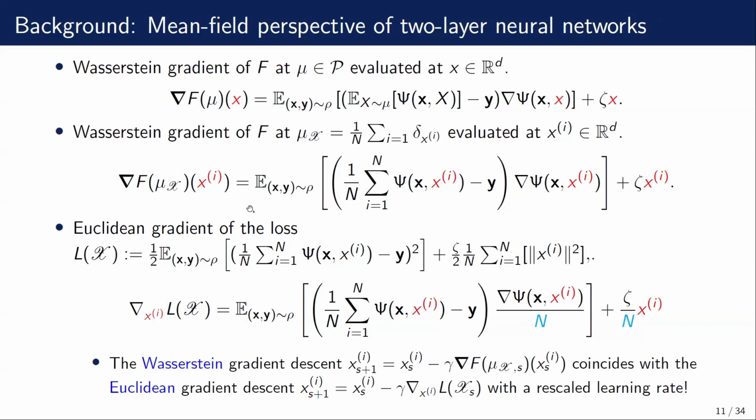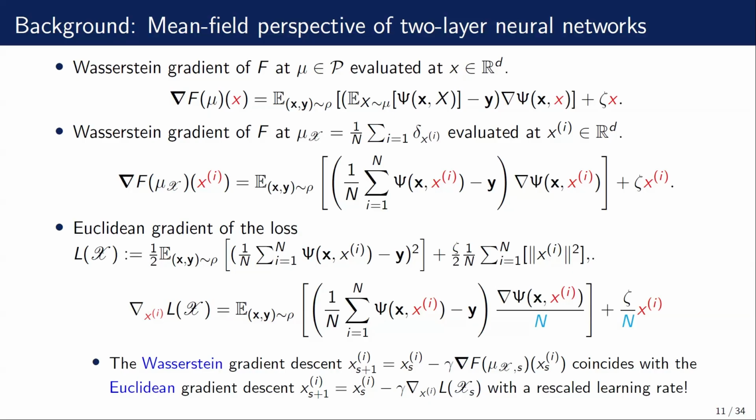What makes it nicer is that the Wasserstein gradient at this empirical distribution is precisely the same as the Euclidean gradient of the loss function with respect to your hidden layer parameters, up to a rescaling of 1 over n. So it sounds like magic, but actually it's all mathematics. We first take a lifted perspective to consider an optimization in a space of measures.